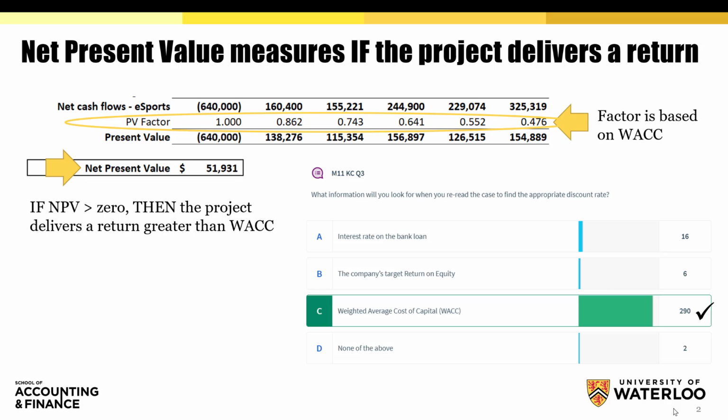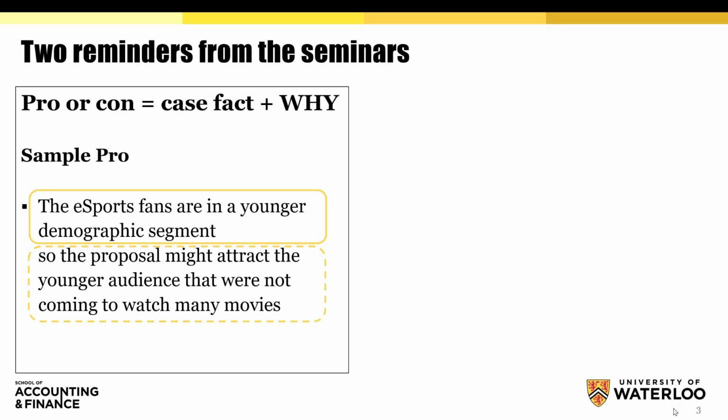And that's a good thing, because ultimately that should lead to future profitability. But please again be careful using terminology. Net present value is a completely different concept and measure than net income or net loss.